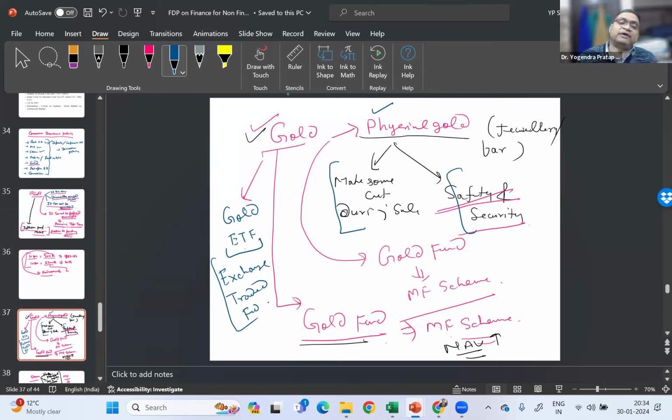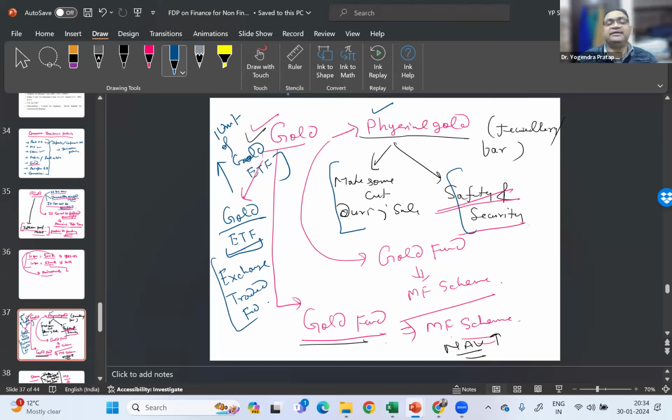Suppose you buy 1 unit of gold ETF. It means the fund manager will buy 1 gram of physical gold on behalf of you. In other words, buying a gold ETF means you are physically owning the gold.